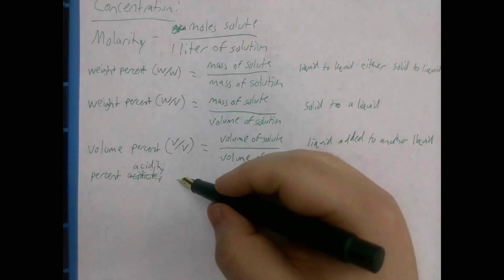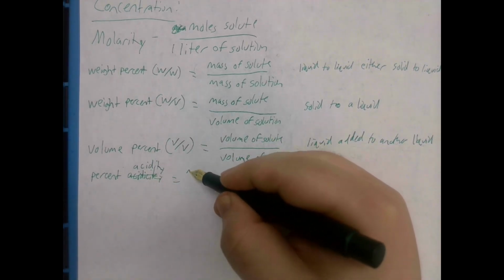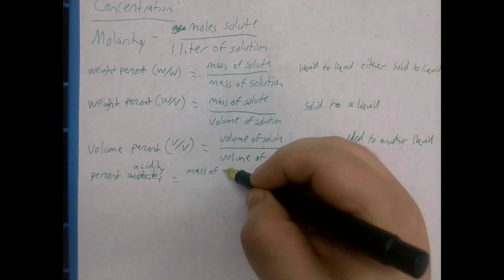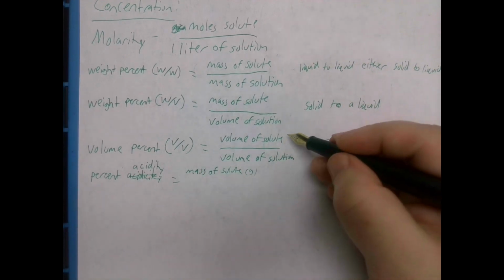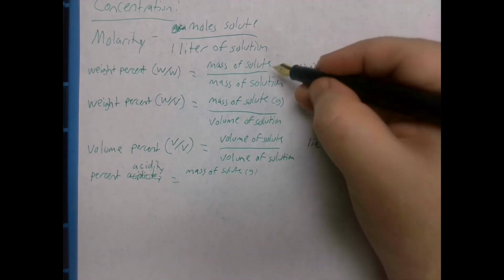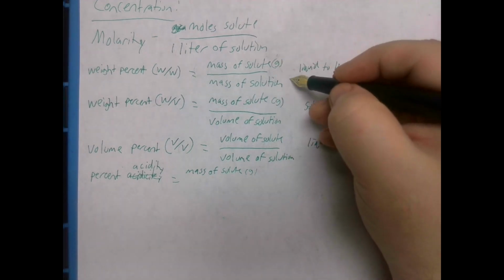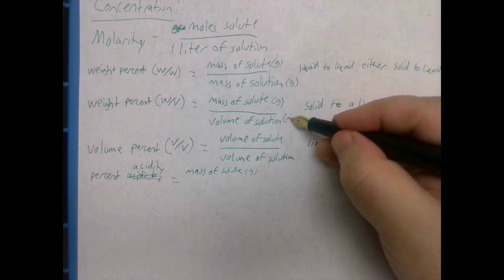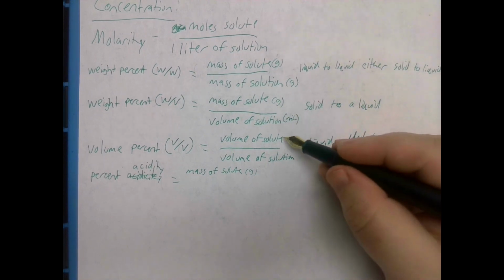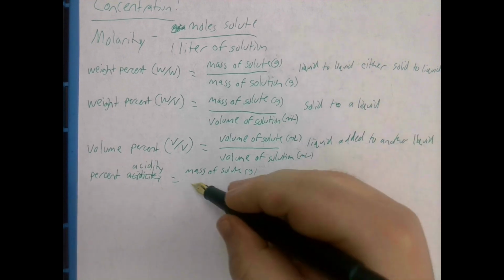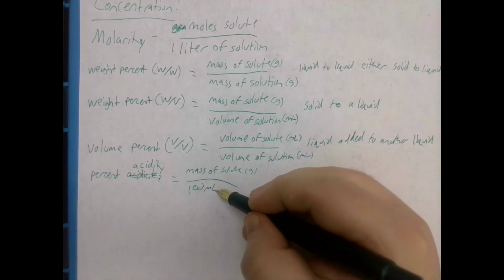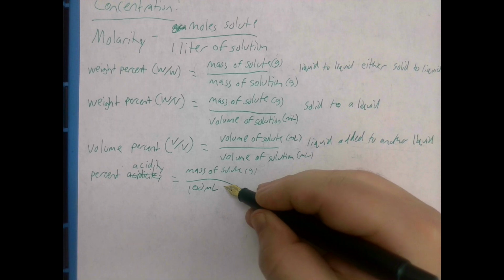And this one is usually given as mass of solute in grams, and all these are grams. And this is all milliliters. Per 100 milliliters of solution.